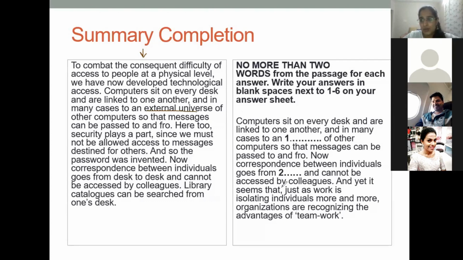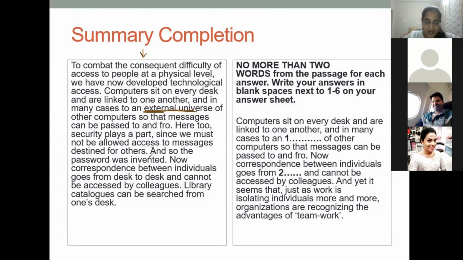Here, literally, there was no usage of synonyms. The questions have been picked up as it is from the text. Okay. So here it says to an external universe of other computers so that messages can be passed to and fro. All right. And then they're talking about the correspondence.